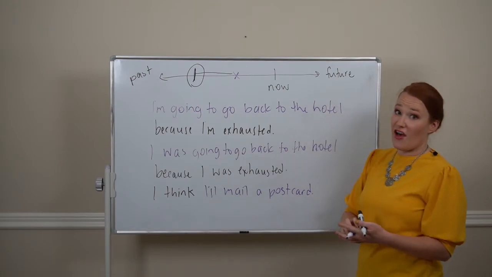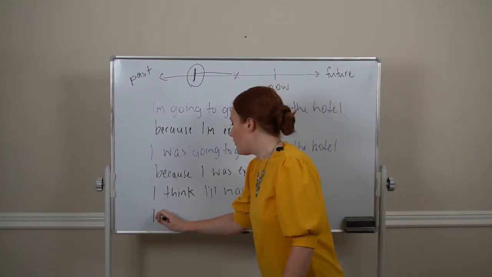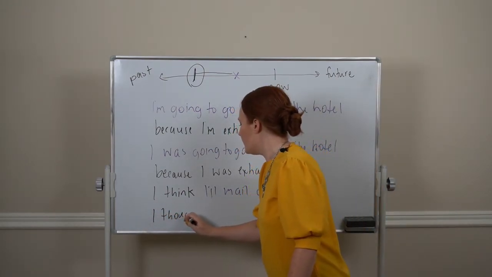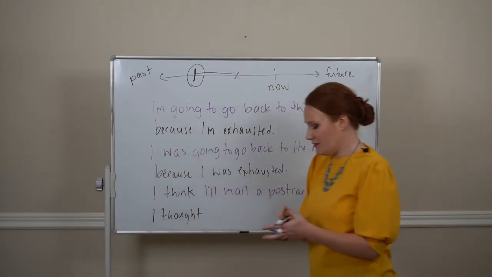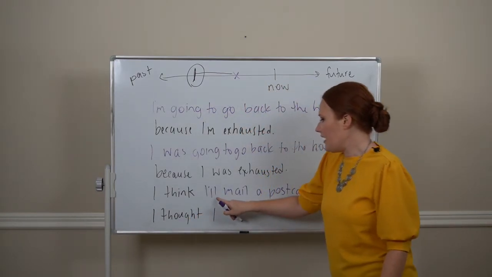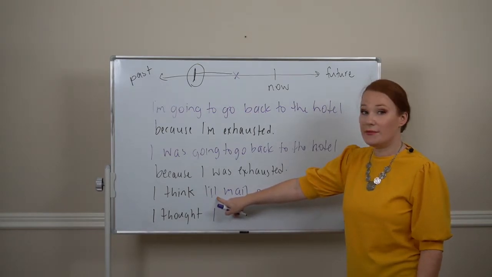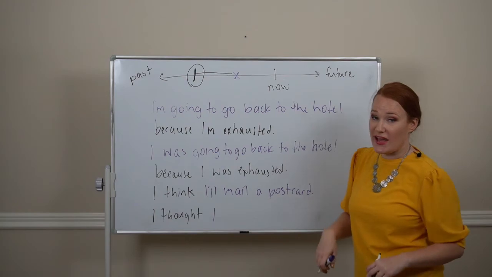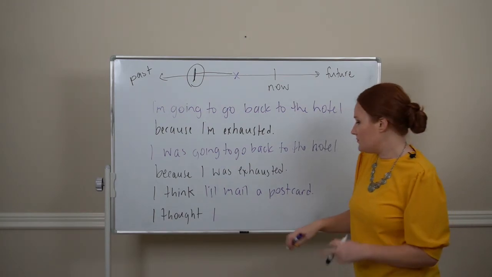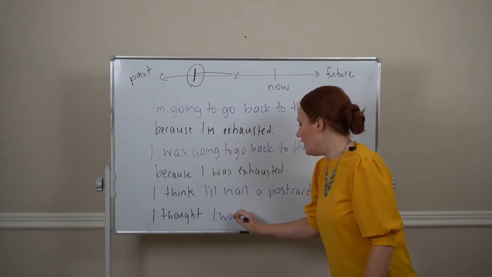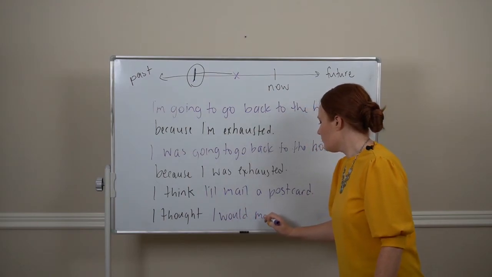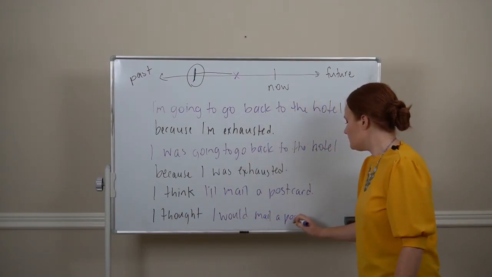This was something I thought in the past. I thought, think goes to thought. And here we have will. Do you remember from reported speech what will becomes when it's one step in the past? Would. I thought I would mail a postcard.